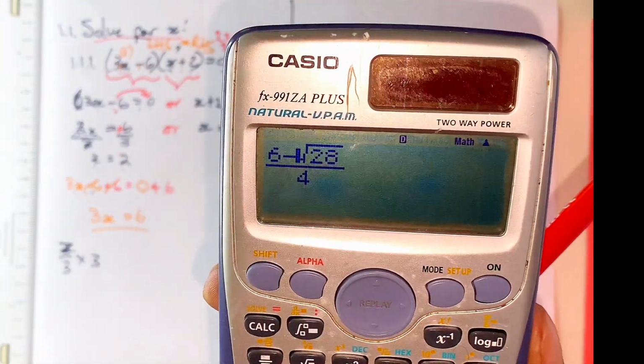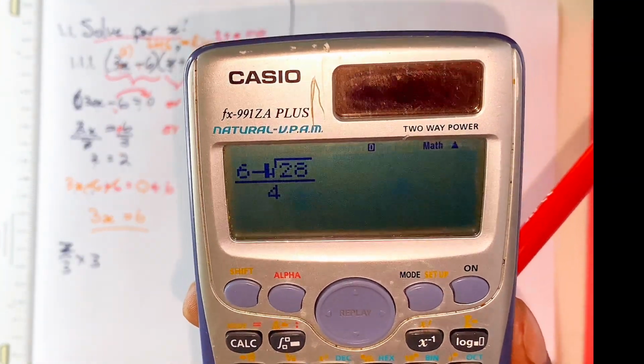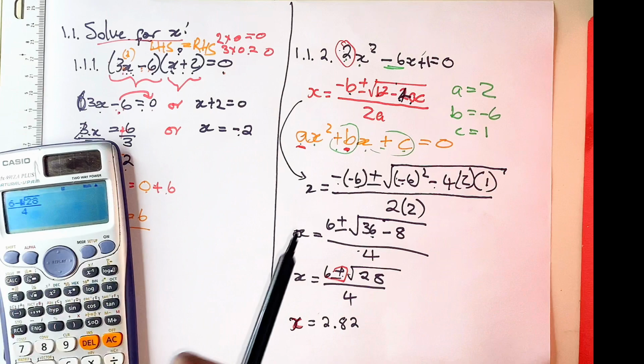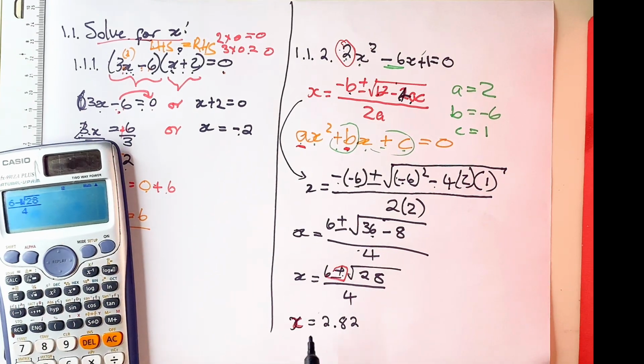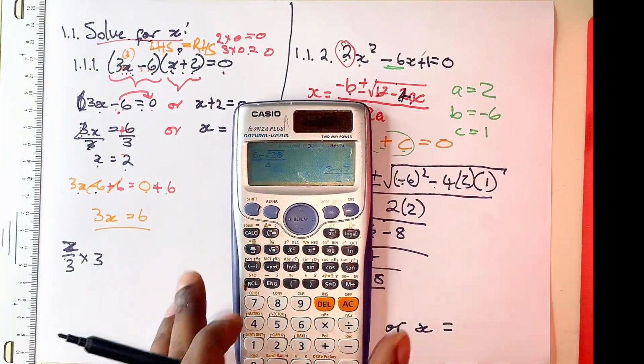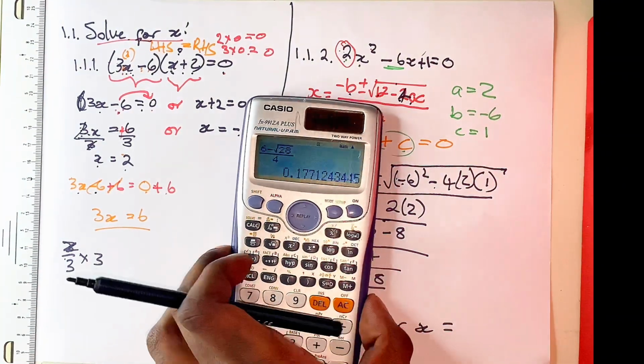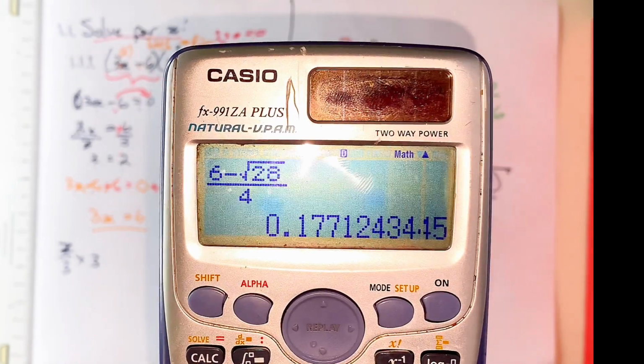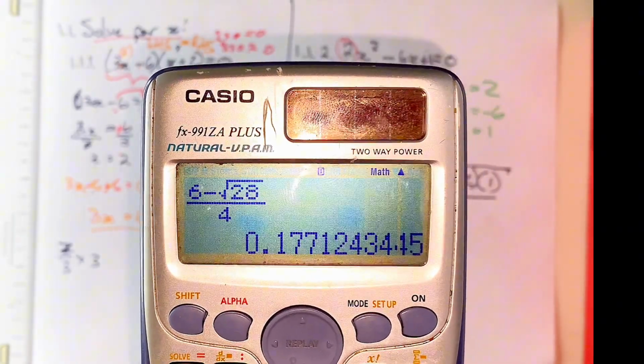So we're gonna now switch it and say subtract, because here it says plus or minus, and this 2.82 is for when it is positive. So we're gonna say or x is equal to, we put a negative there, it gives us a fraction again, and then now we get 0.18.